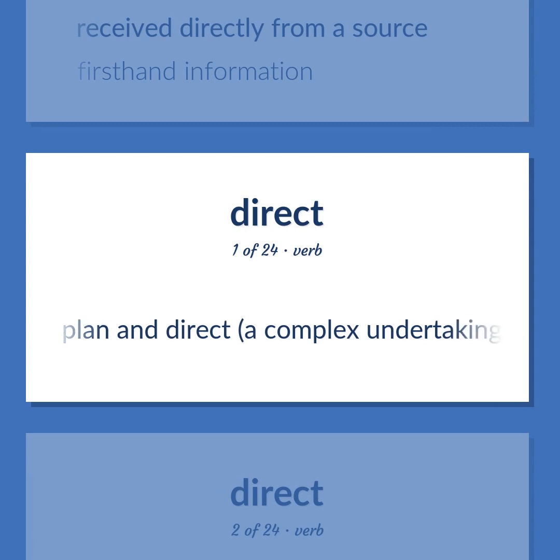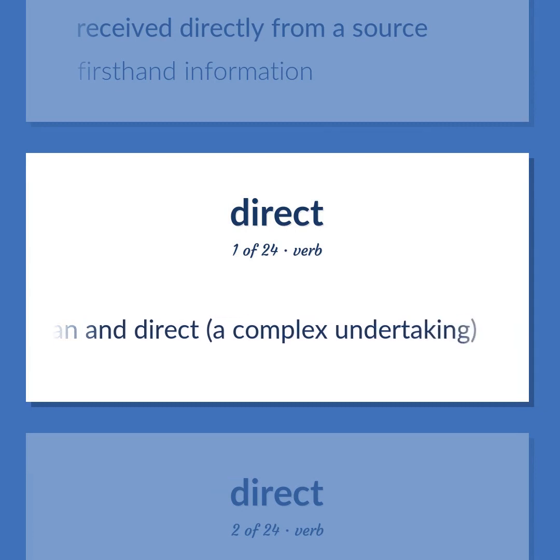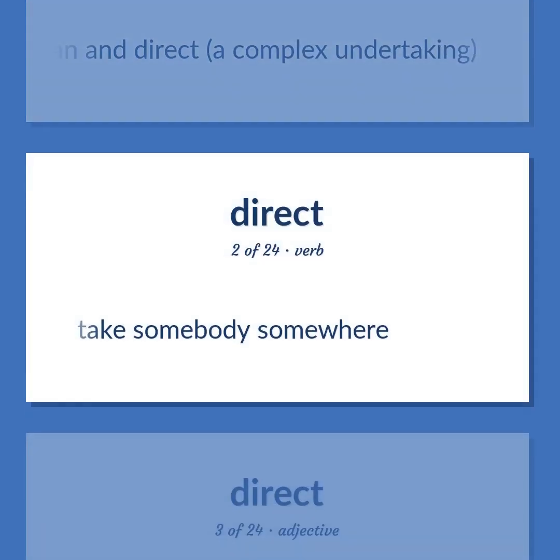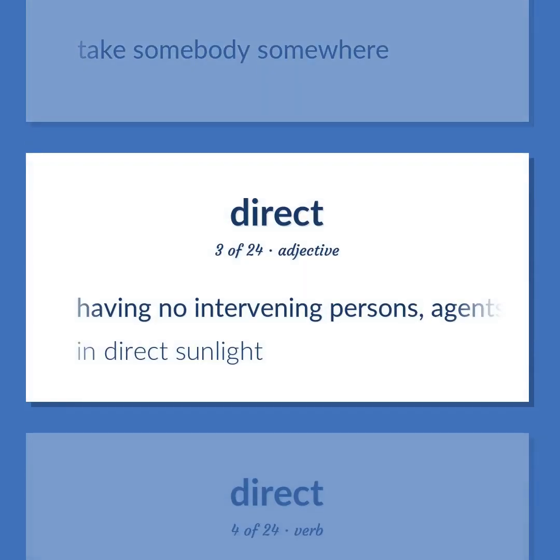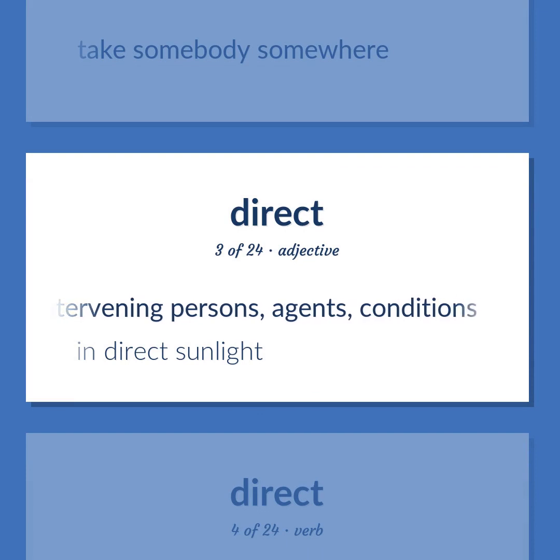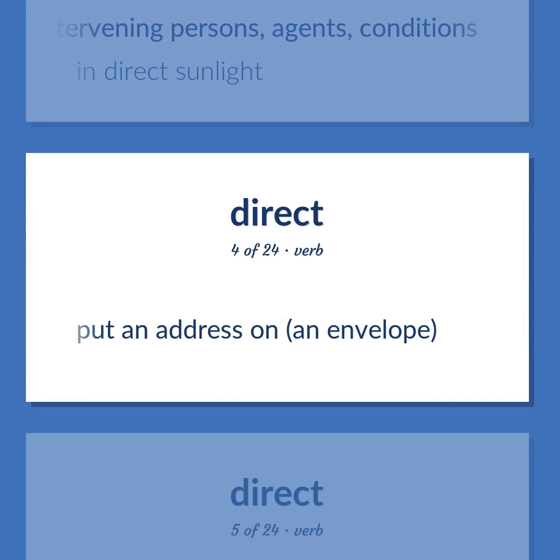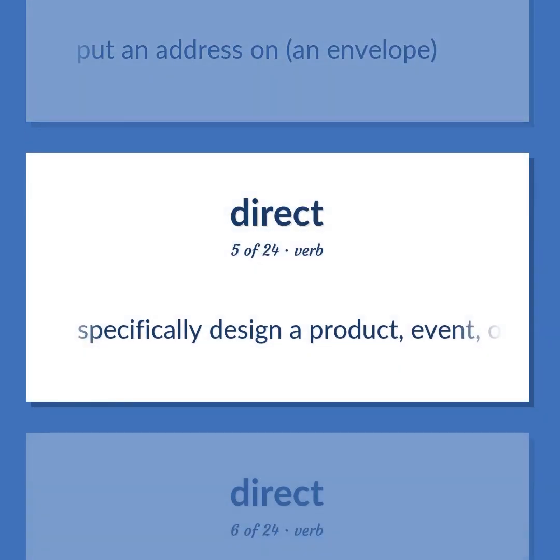Plan and direct a complex undertaking. Take somebody somewhere. Having no intervening persons, agents, conditions. In direct sunlight. Put an address on an envelope. Specifically design a product, event, or activity for a certain public.